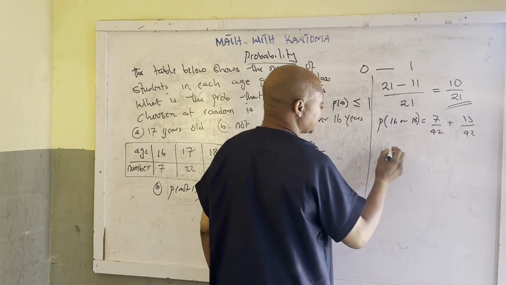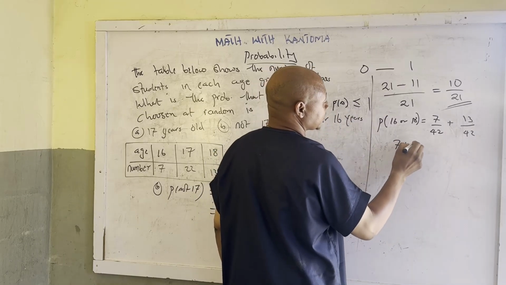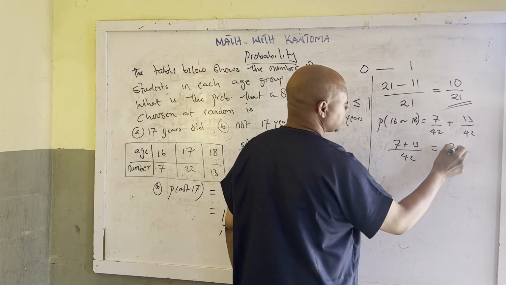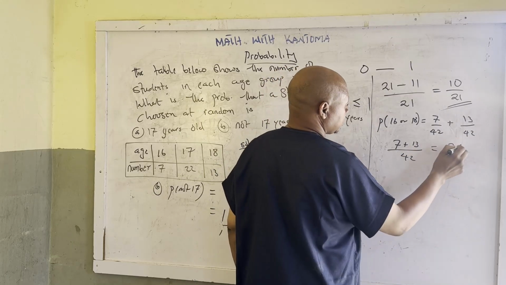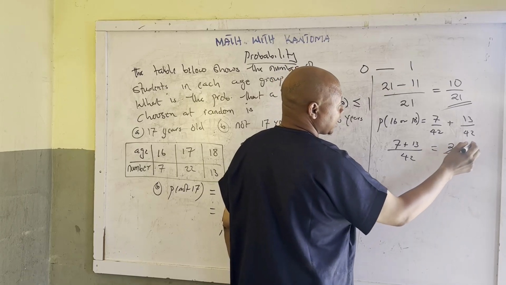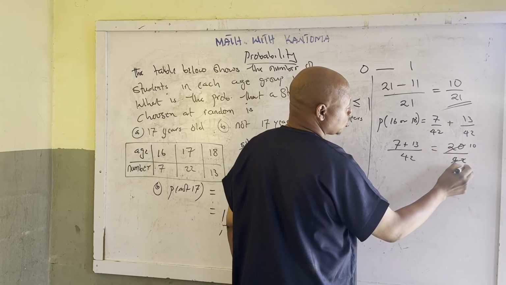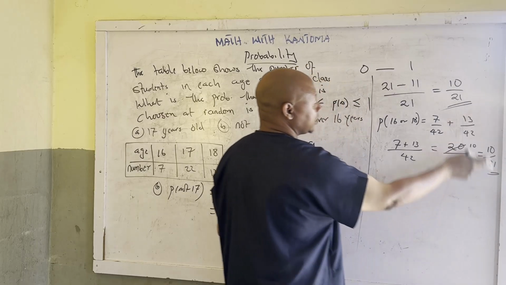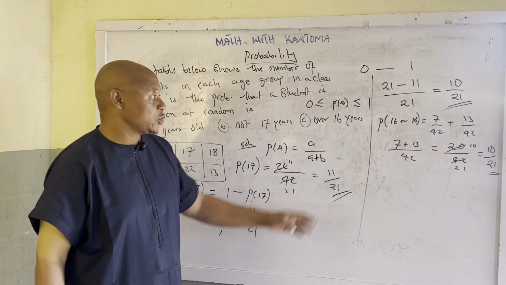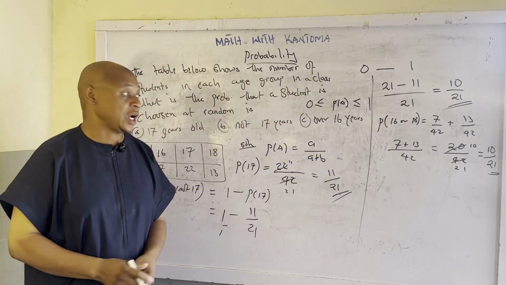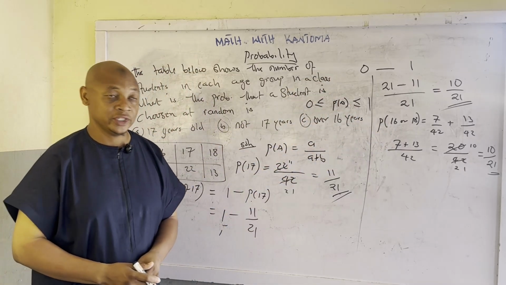Now add this together, we have 7 plus 13 divided by 42. 7 plus 13 is 20, so 20 divided by 42. 2 here is 10, 2 here is 21. So this is going to be 10 over 21. You see this and this are equal. So either use this method or that method, you're still going to have the same answer.